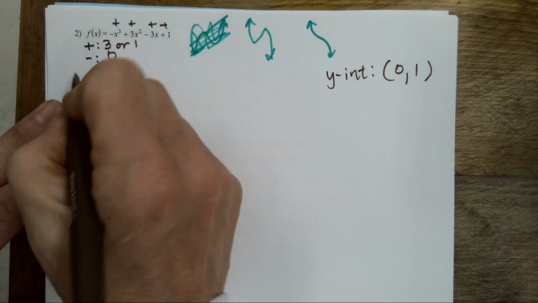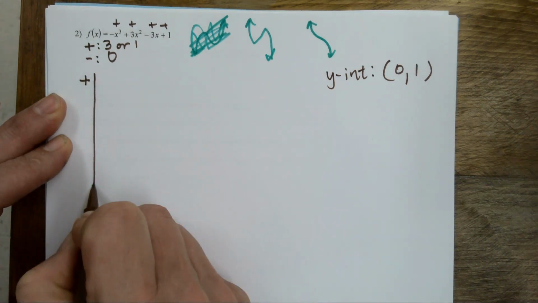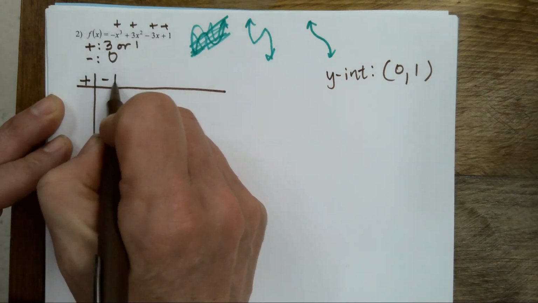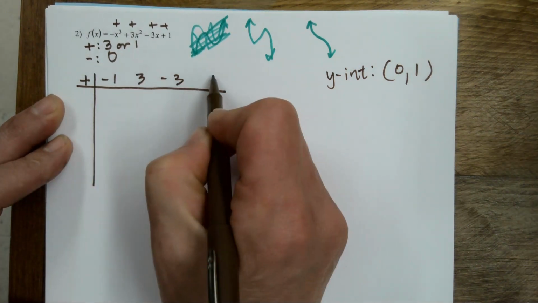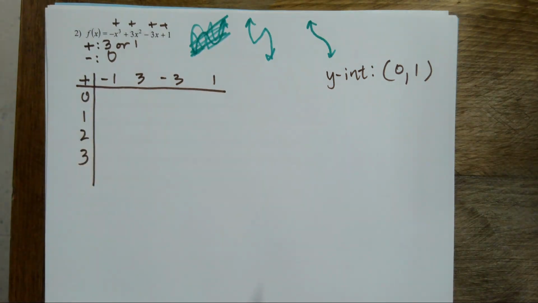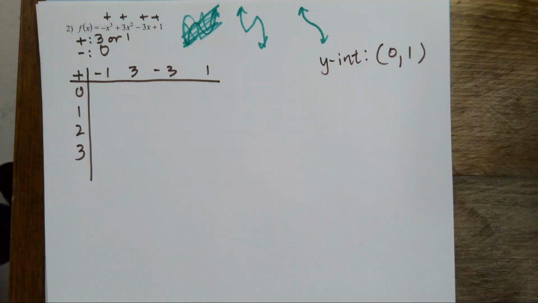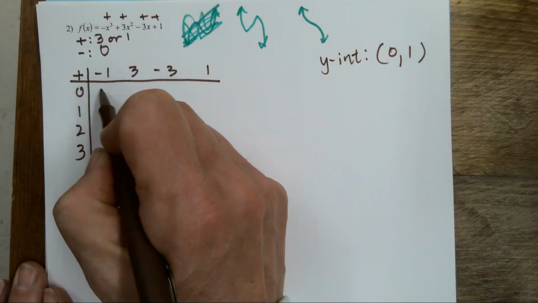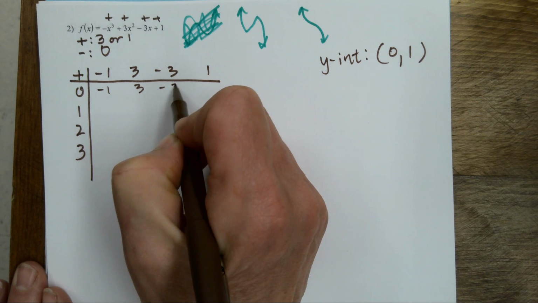And so I'll start positive, and again, I will start very organized. Negative 1, 3, negative 3, 1, 0, 1, 2, 3. I just always sort of start by putting a few on there.